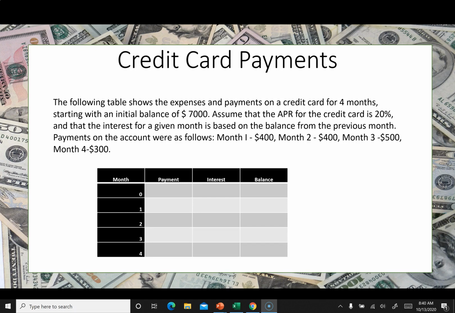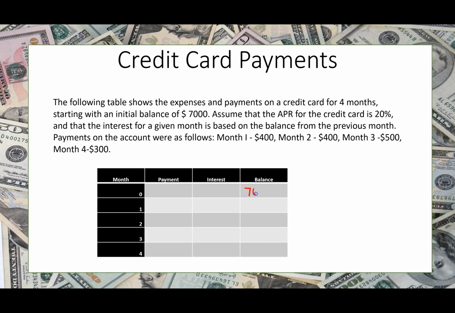The following table shows the expenses and payments on a credit card for 4 months, starting with an initial balance of $7,000. So I'm going to put that $7,000 right here. Assume that the APR, the annual percentage rate, for the credit card is 20% and that the interest for a given month is based on the balance from the previous month.